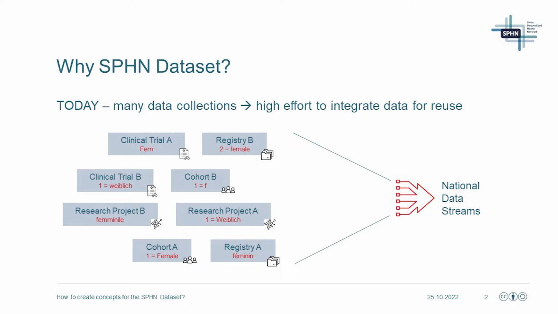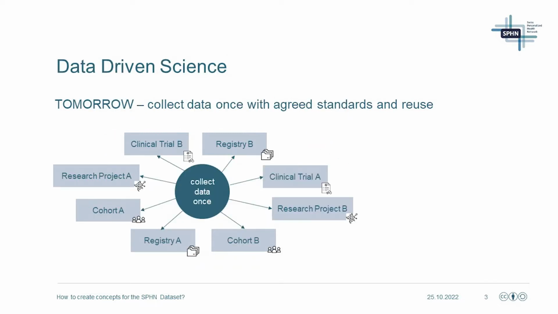When we integrate it, for example, for a national data stream or other projects, we need to do a lot of mappings and a lot of manual work is involved. So what do we wish for the future? Tomorrow, we want to collect data only once with agreed standards and reuse them for different research questions.